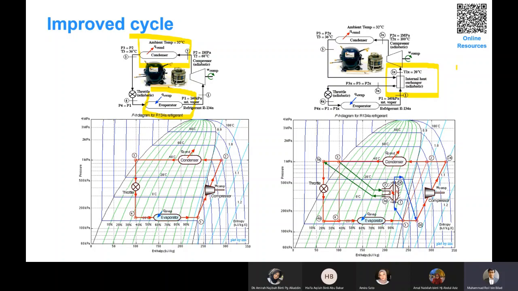For example here, the refrigerant at point 1 to 2.1x, you increase the temperature to 20, and then on another side you have point 3 refrigerant, with temperature around 36.